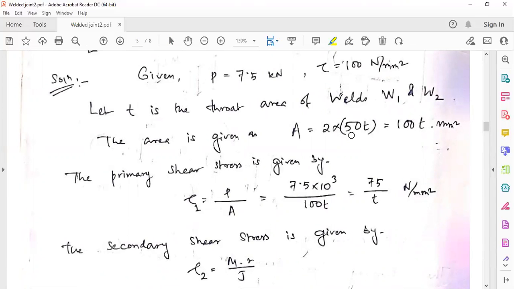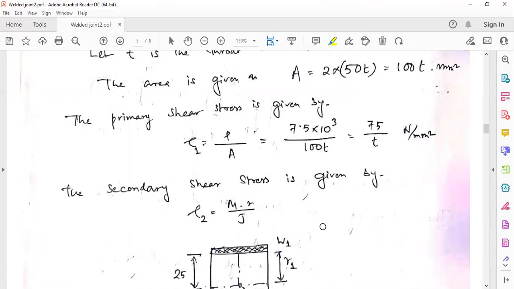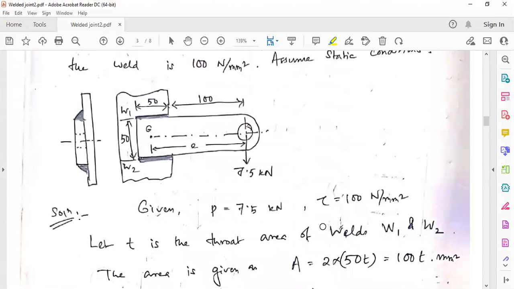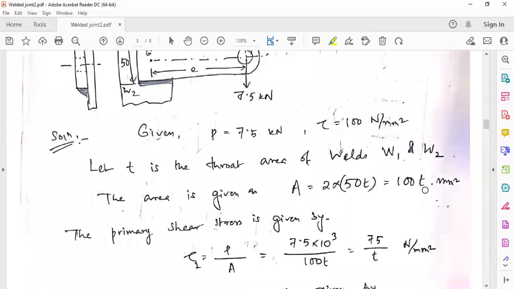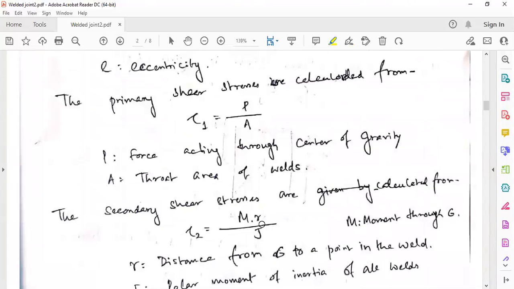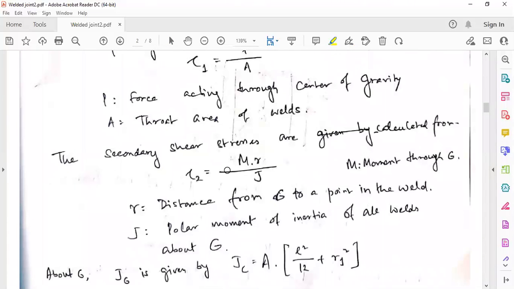Fine. Now we have the primary shear stress, which is given by tau 1 equal to P by A. So this is the force, divided by area, which is equal to 75 by t. So here you see, this is the force and area we have found. So we know how to find tau 1. Let's get to tau 2.